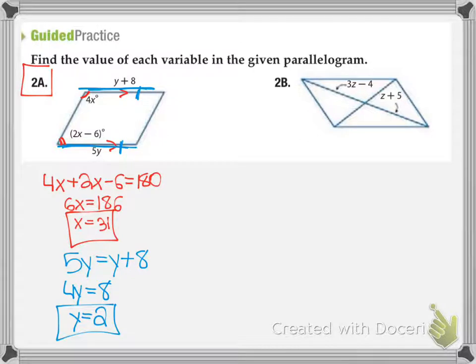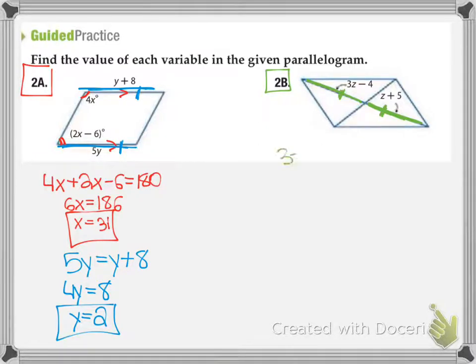Let's look at the last one, 2b. If we're looking at 2b, we have that this length is 3z minus 4, and that this one is z plus 5. Well, those both represent pieces of the diagonals, and our very last property from the slide before was that diagonals bisect each other. So those two lengths there have to be congruent.